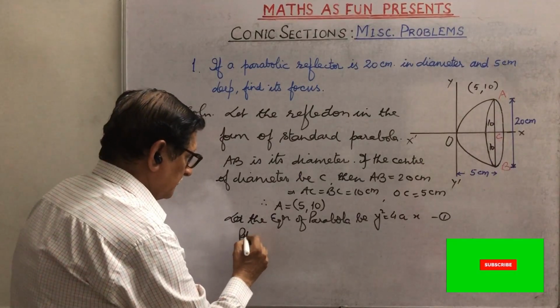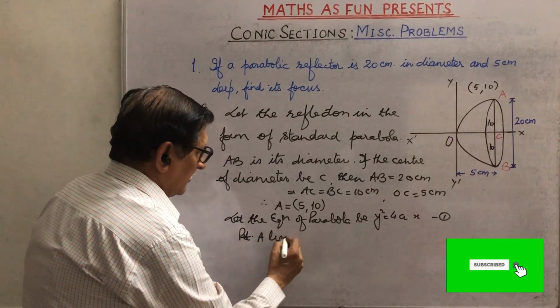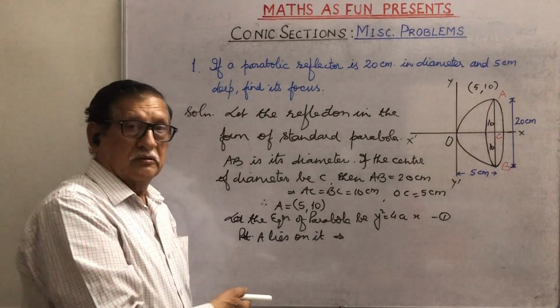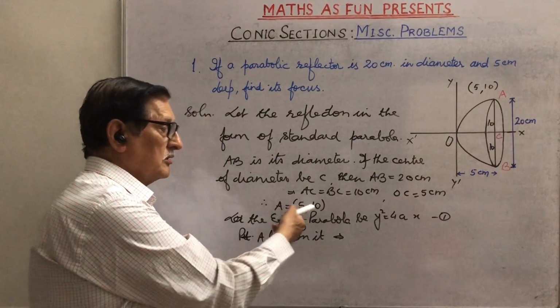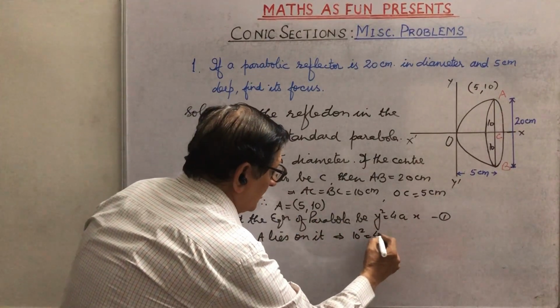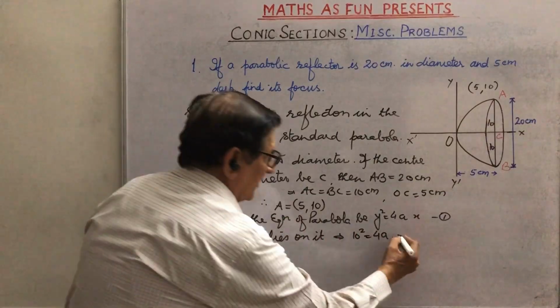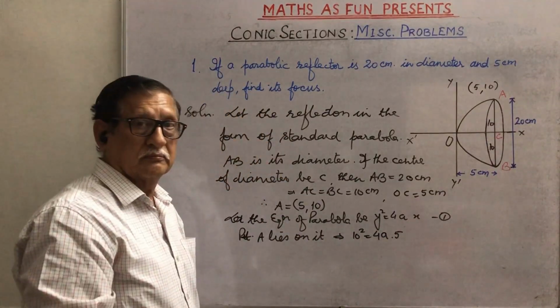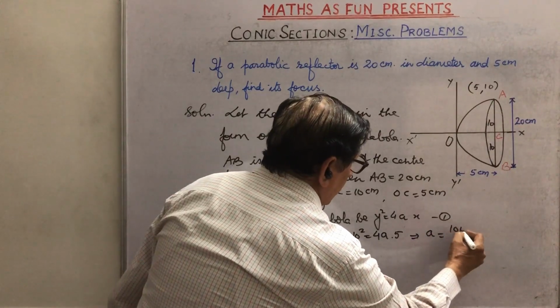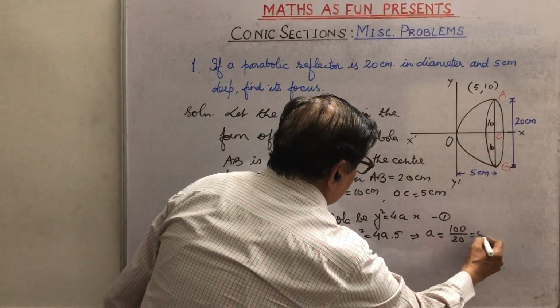So what we get? We can substitute these coordinates in this. Will it be 10 square equal to 4a into x, meaning 5? This gives us a is equal to 100 upon 20, or we can say 5.